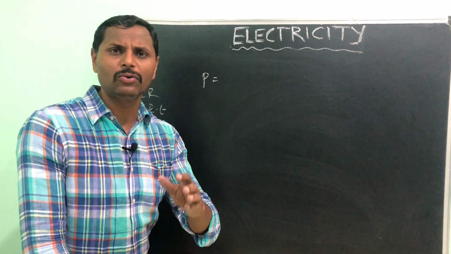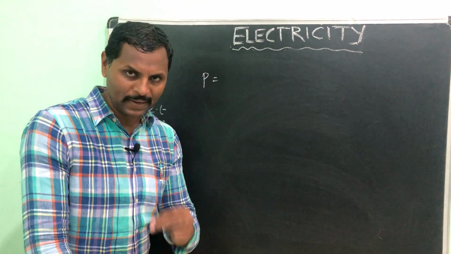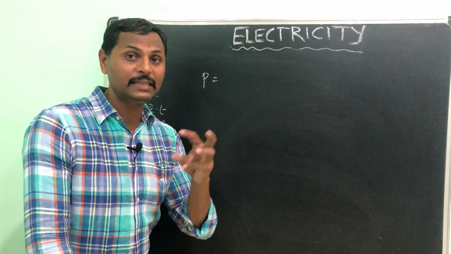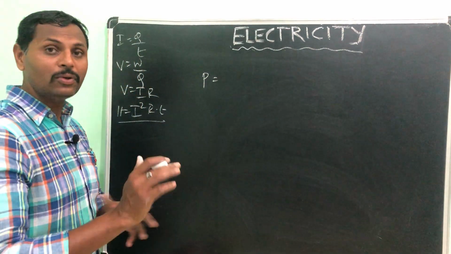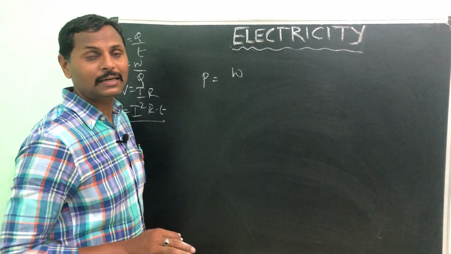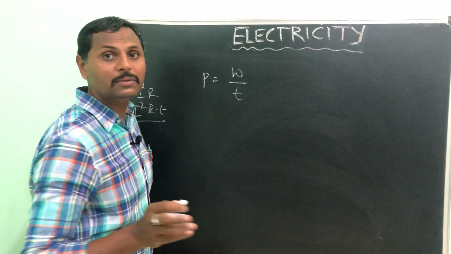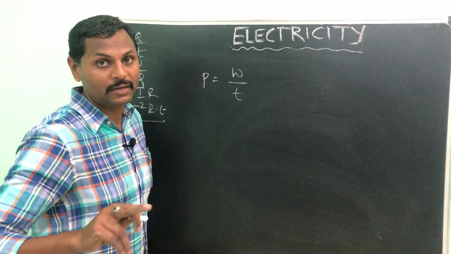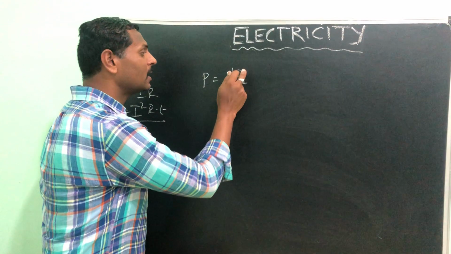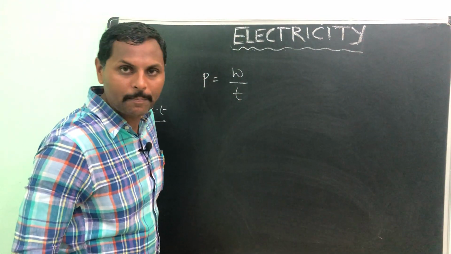That means within 1 or 2 minutes if he has completed, and the second person, that is B person, will complete it in 3 minutes. That means both will do the work, but who will take a lesser time? That person is having more power. You will consider like this. That means power is nothing but work done per unit time.